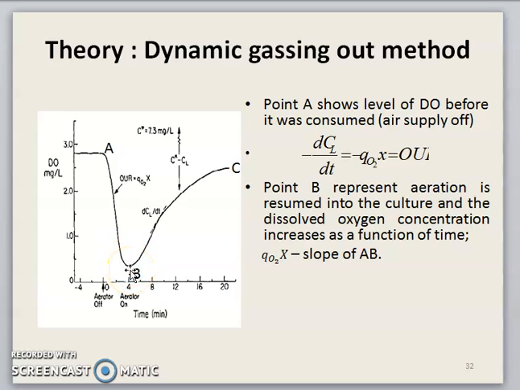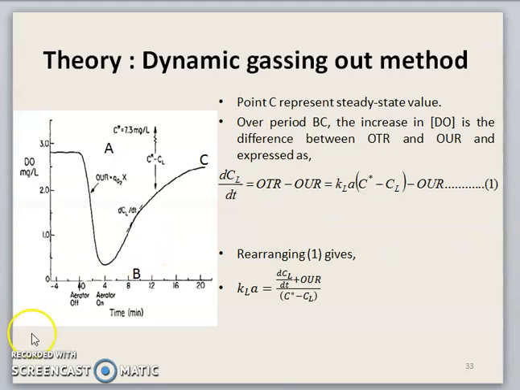This B value, for the dynamic gassing out, should be at the critical level, the C critical value, meaning about 10% of oxygen, because we have microbes inside the fermentation. Then you turn on the air supply, and the dissolved oxygen will increase up until point C, which represents the steady state value.